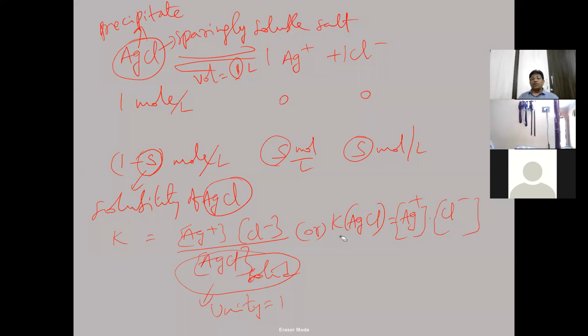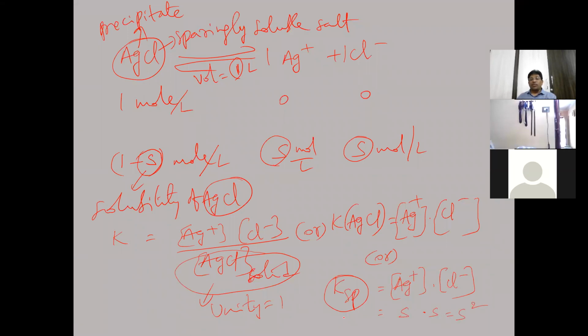Now instead of K of AgCl, we write KSP. KSP is equal to Ag plus concentration into Cl minus concentration, which is S into S, S square.